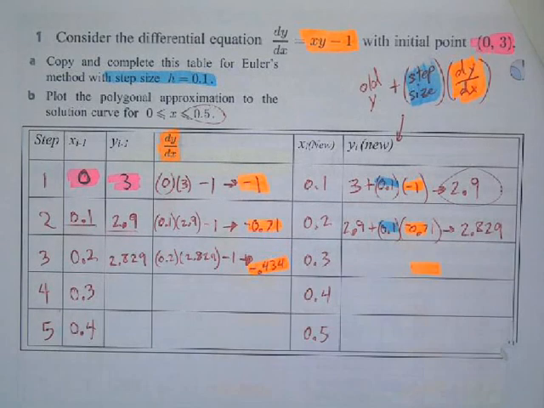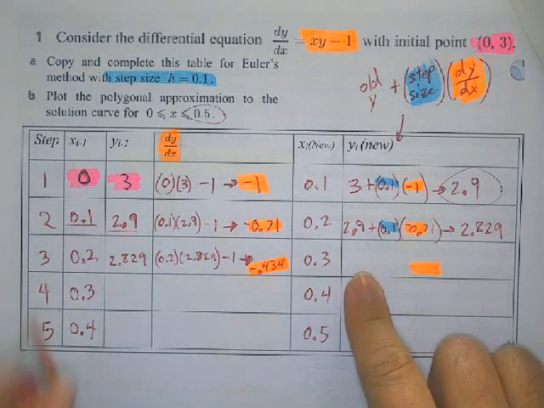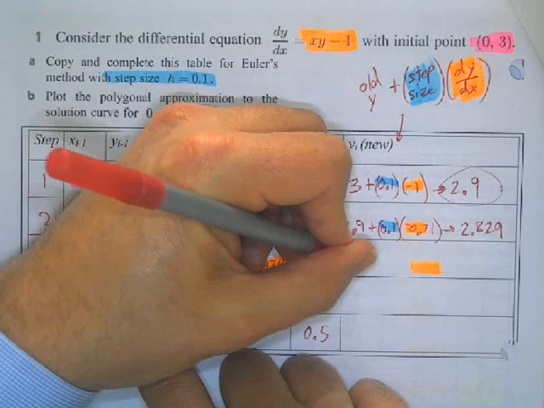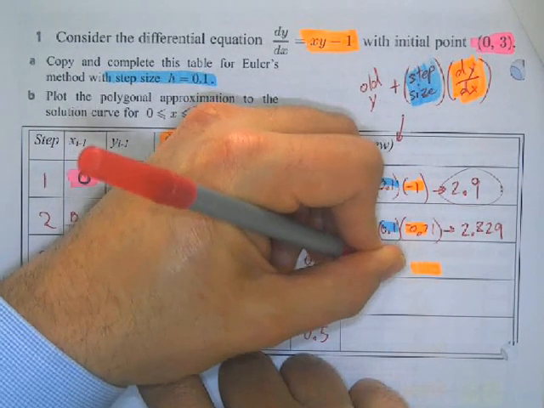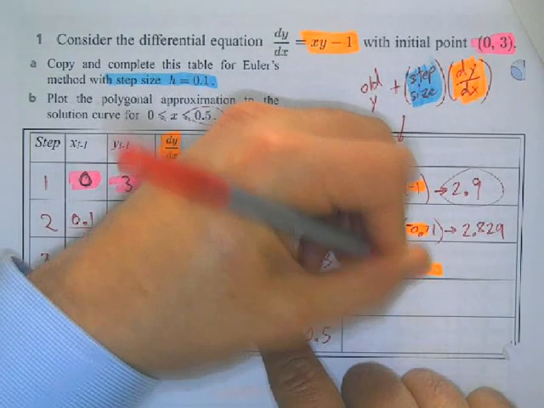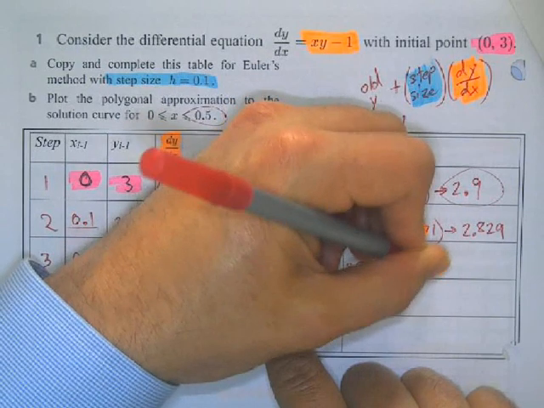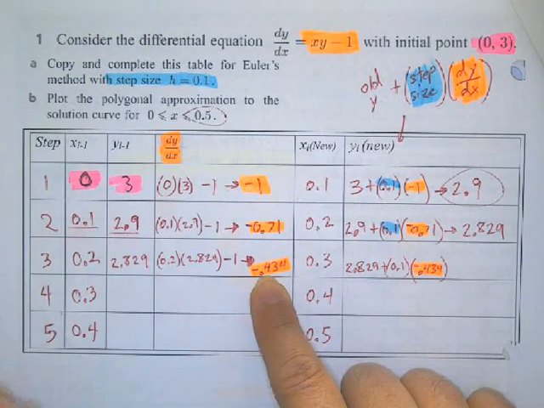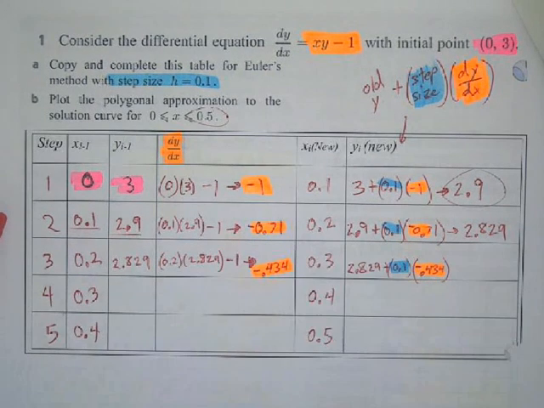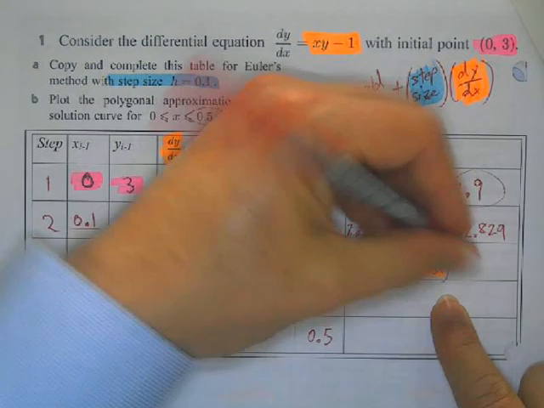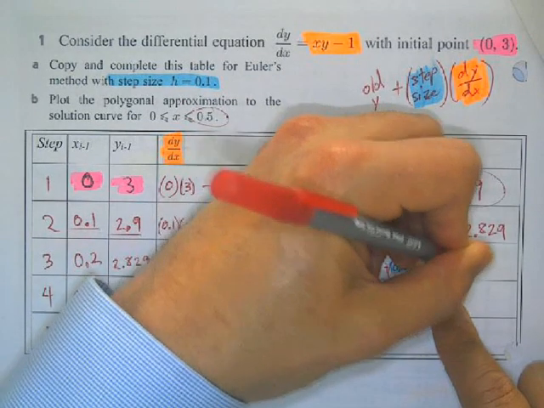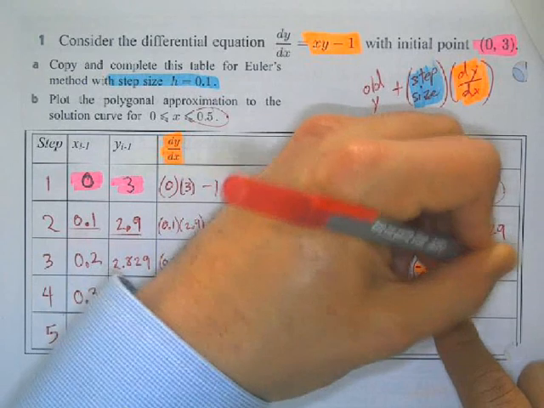Okay, so now let's take the old y value of 2.829 plus 0.1 times this new slope, which is negative 0.434. And we use my calculator, and we get this new value is 2.7856.